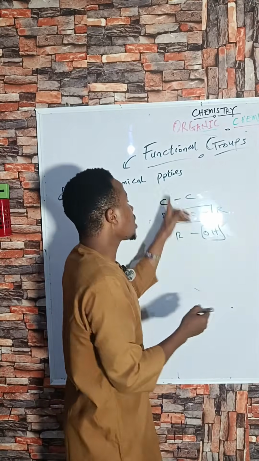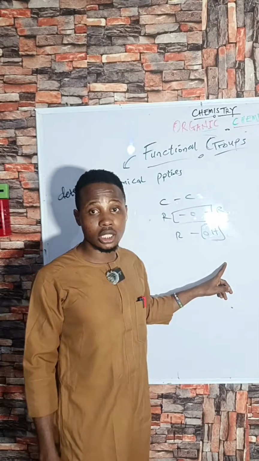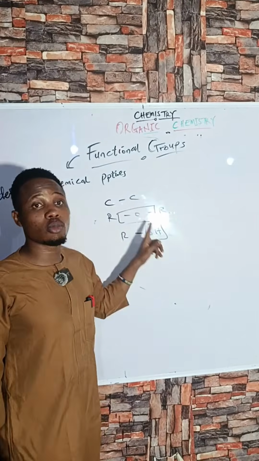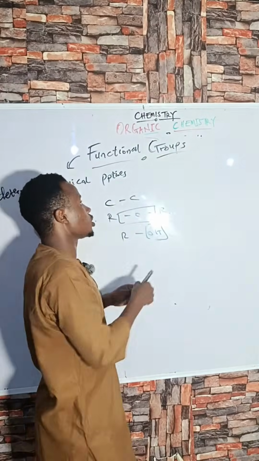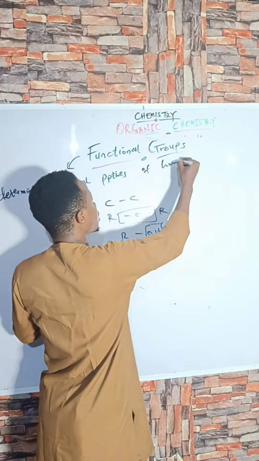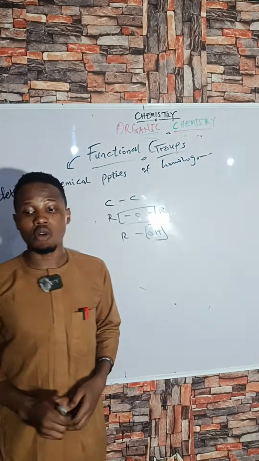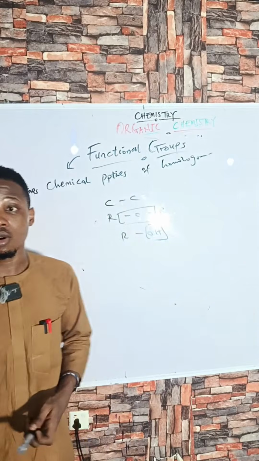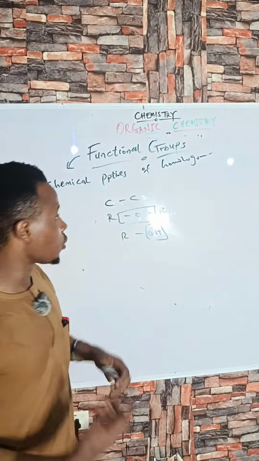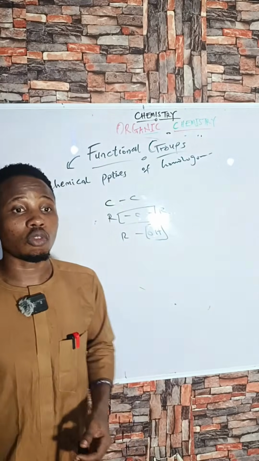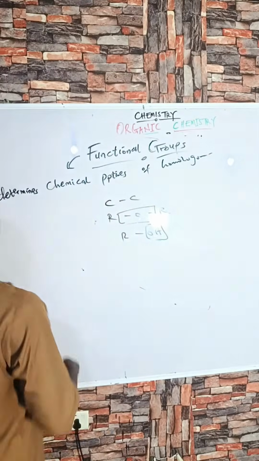So it can be a bond, an atom, or a group of atoms that determines the chemical properties of a homologous series of organic compounds, or family of organic compounds. So that's what a functional group is: a bond, an atom or group of atoms that determines the chemical properties of a homologous series. Now we're going to learn quickly some of the common functional groups that we have.